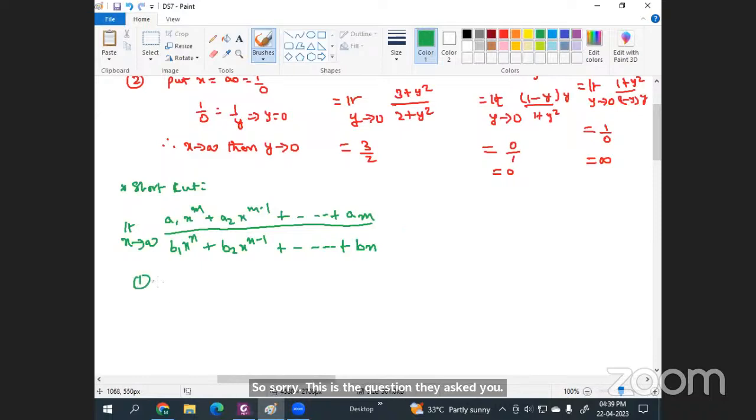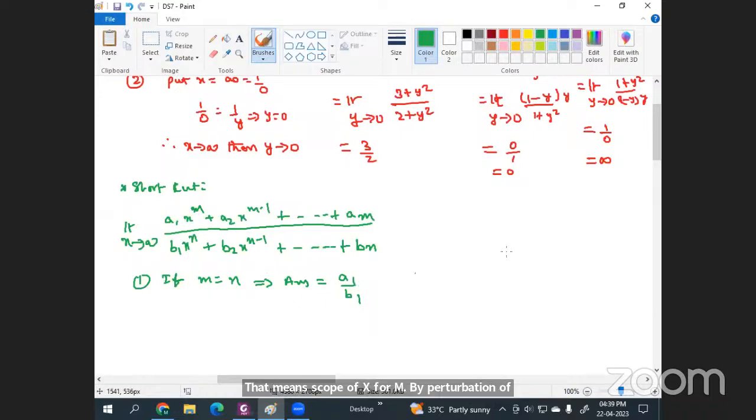The first case: if the degree of numerator and degree of denominator are both equal, then your answer will be a1 by b1, right? That means the coefficient of x power m by the coefficient of x power n.